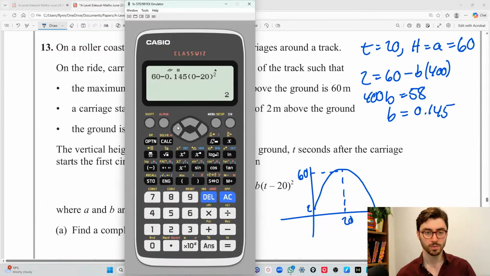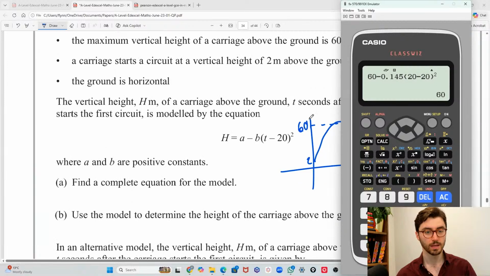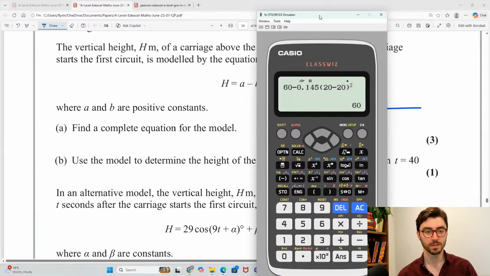So it starts at 2. And the maximum it gets is 60. So it starts at 2, it gets to 60. Great. So that is the model for A.